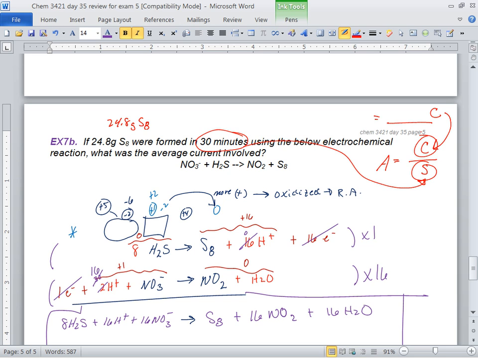That's why I copied and pasted this whole thing, because here's your half reaction that you're going to need right here. It has moles of S8 to moles of electrons. You need that mole bridge. The overall reaction doesn't do you any good because it has moles of S8, but there's no moles of electrons in there, so you can't get coulombs out of that. So you had to use the half reaction.